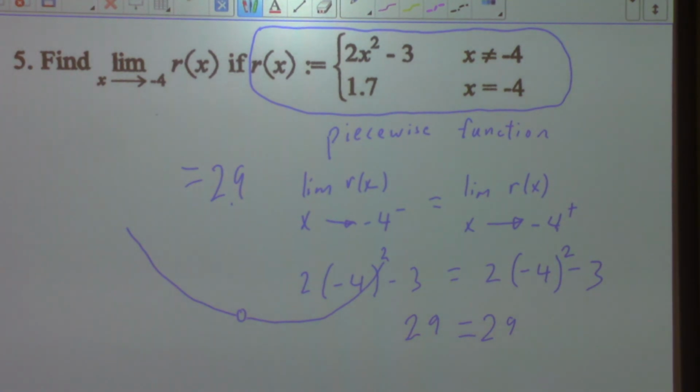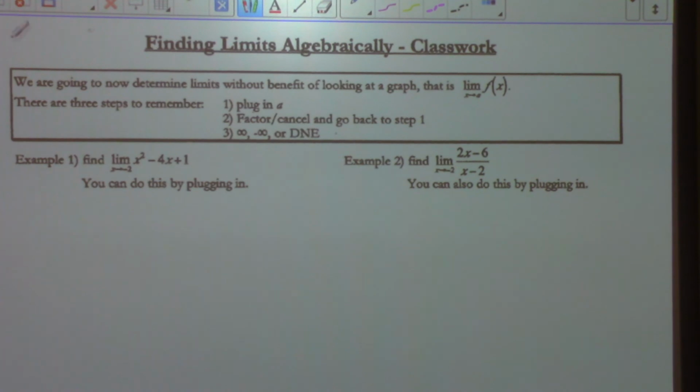What else? Finding limits algebraically classwork. It gives you some examples of doing this. Example 1, find the limit as x approaches negative 2.